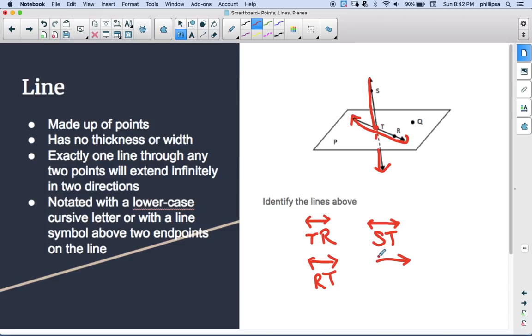Line ST would be no different than line TS. How you start the line doesn't really matter as long as you call it by its 2 endpoints.